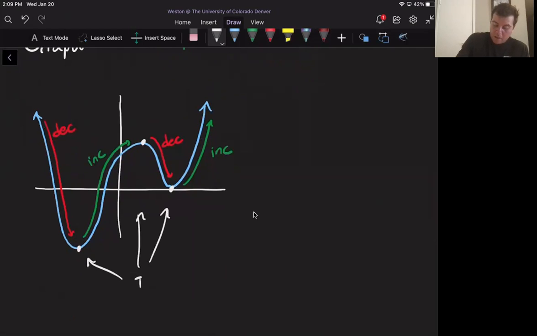And they are what we call turning points. Hopefully you can imagine this name is derived because the direction the arrow is going has turned. So it was going down and now it's turned to go back up.